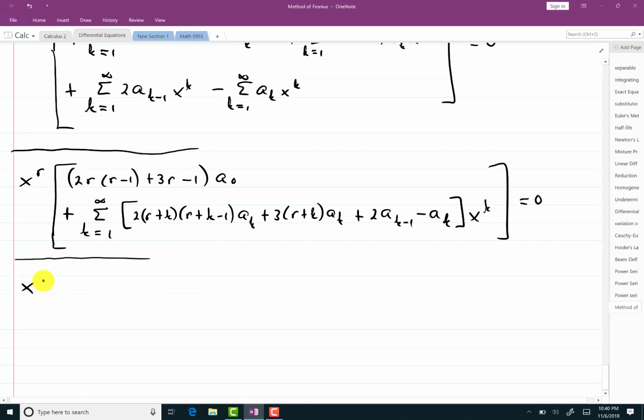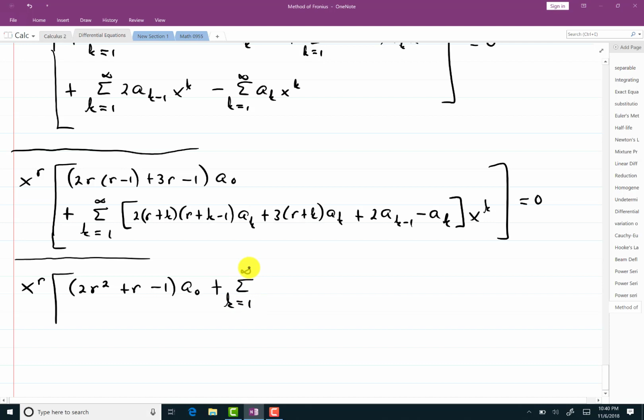X to the r, start my bracket. I have 2r squared minus 2r plus 3r, so I have 2r squared plus r minus 1, a sub 0, plus the sum k equals 1 to infinity.